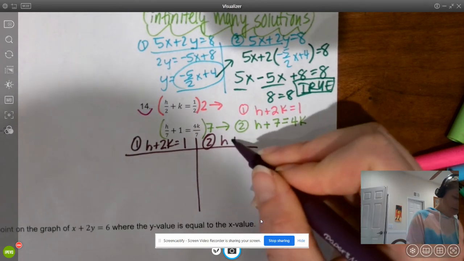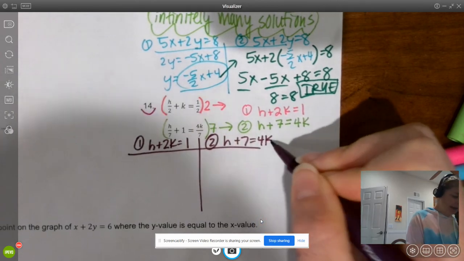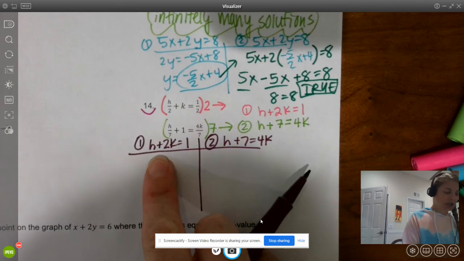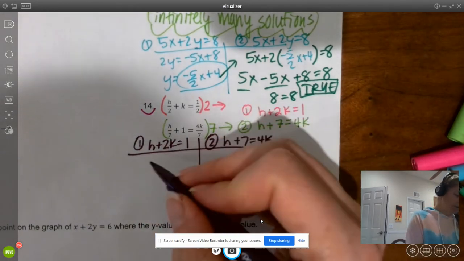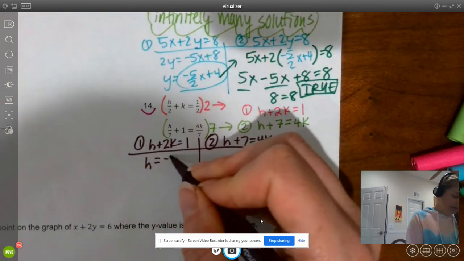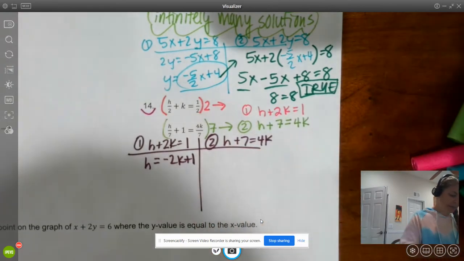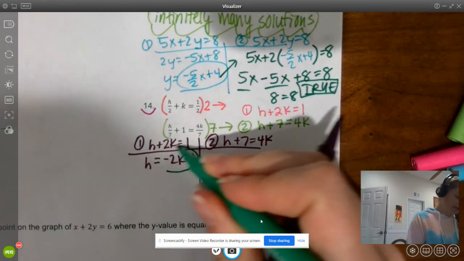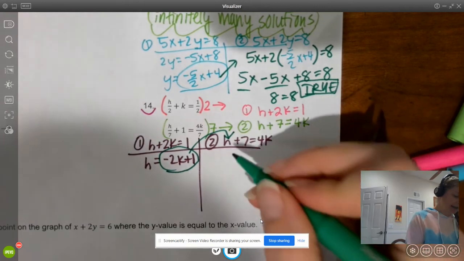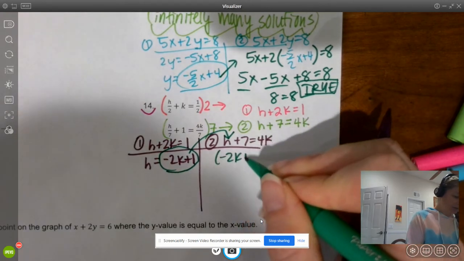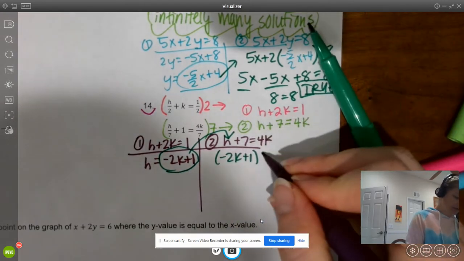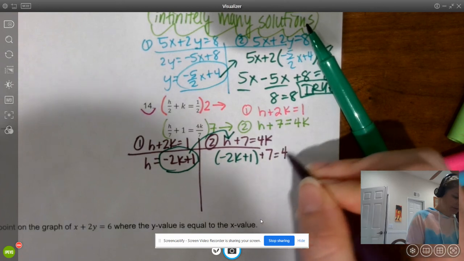And h plus 7 is equal to 4k. And I'm going to decide to isolate h here by subtracting 2k from both sides. So h is equal to negative 2k plus 1. I'm going to take that value and substitute it in for h on the other side, leaving me with one equation with only one unknown. Plus 7 is equal to 4k.